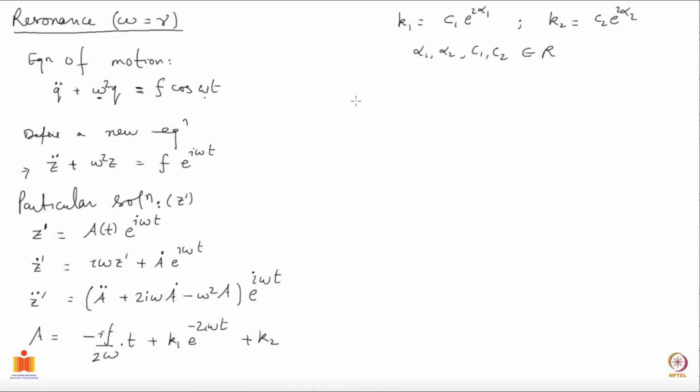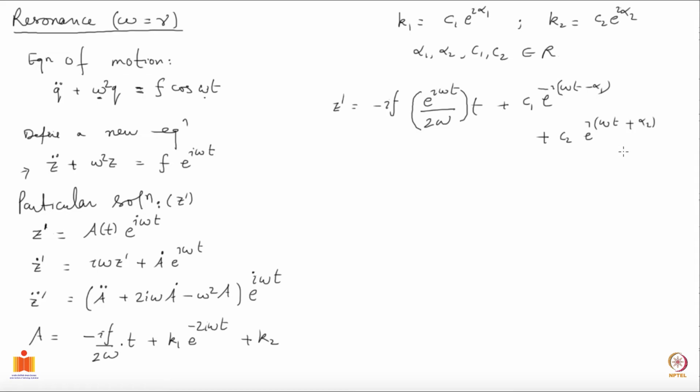And you get the particular solution to be now z prime equals minus i f e to the i omega t over 2 omega, and this entire thing is multiplied by t, plus c1 e to the minus i (omega t minus alpha 1) plus c2 e to the i (omega t plus alpha 2).